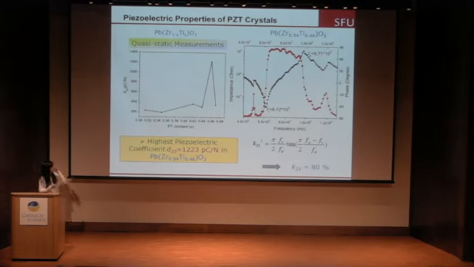In terms of the properties of the PZT single crystals, the best piezoelectric constant was found for the 46% PT single crystal, and the d33 value reaches 1223 picocoulomb per Newton. The calculated k33 value based on this equation is 80%.